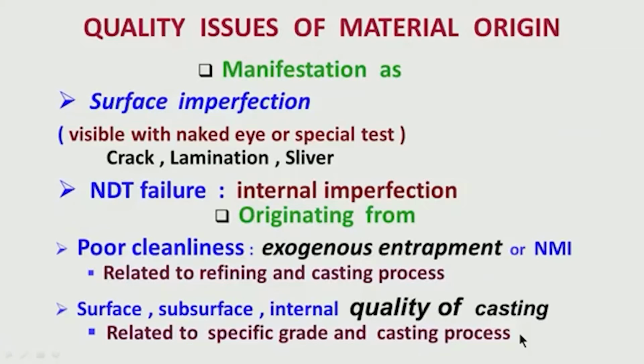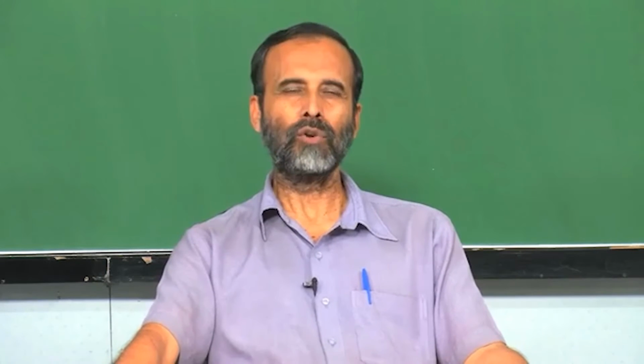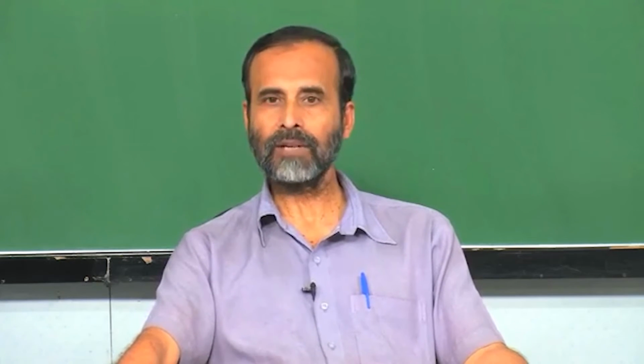Then I had talked about how these are manifested in the final product, because we have talked about different attributes. First was the surface imperfection. That means those defects which you can see with the normal eye or with some minor modification of the surface are called surface or subsurface imperfections.